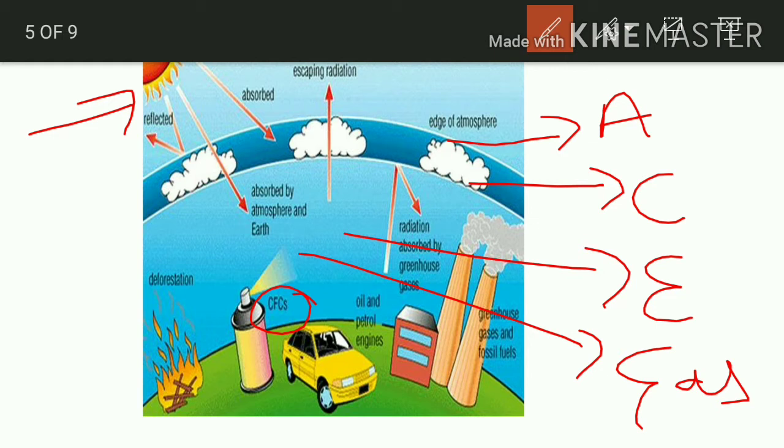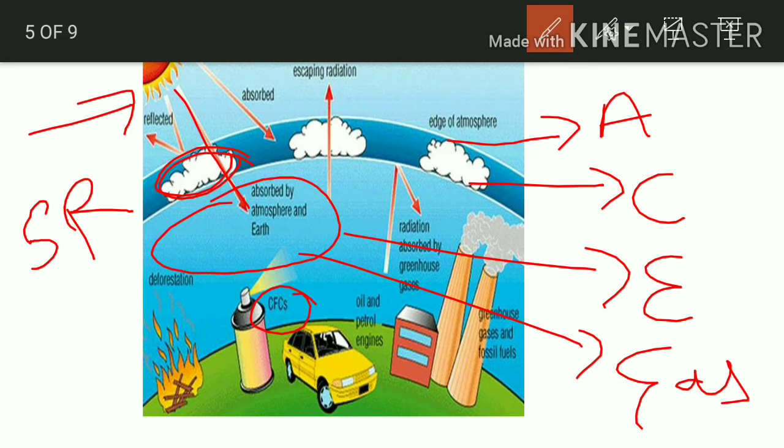Now what happens here? The same procedure. The earth, the sun, the radiation, in the form of solar radiation. This solar radiation is absorbed by the gases, along with the clouds and the earth gases. Some amount is reflected back to the atmosphere.